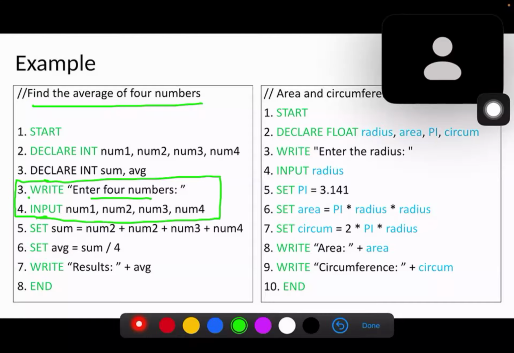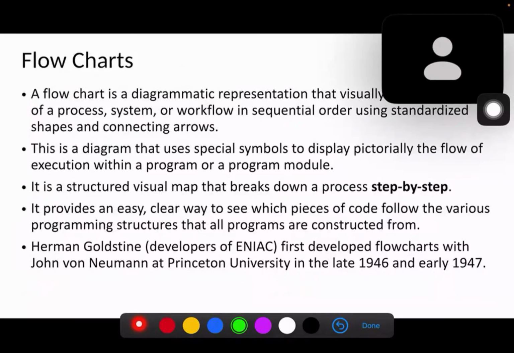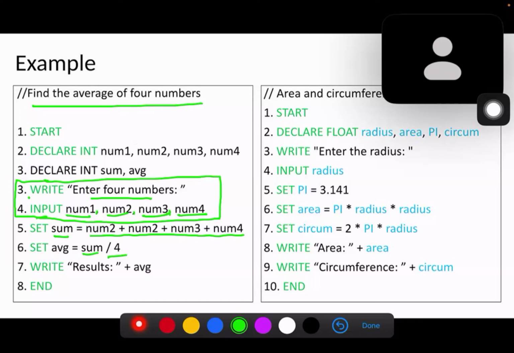So you see the first number, comma, second number, comma, third number, comma, and then lastly the last number. So this is how to specify when the variables are the same type and you are collecting all the inputs together at once. Then we add all the 4 numbers, put the answer inside sum, and then divide sum by 4 to get the average value.